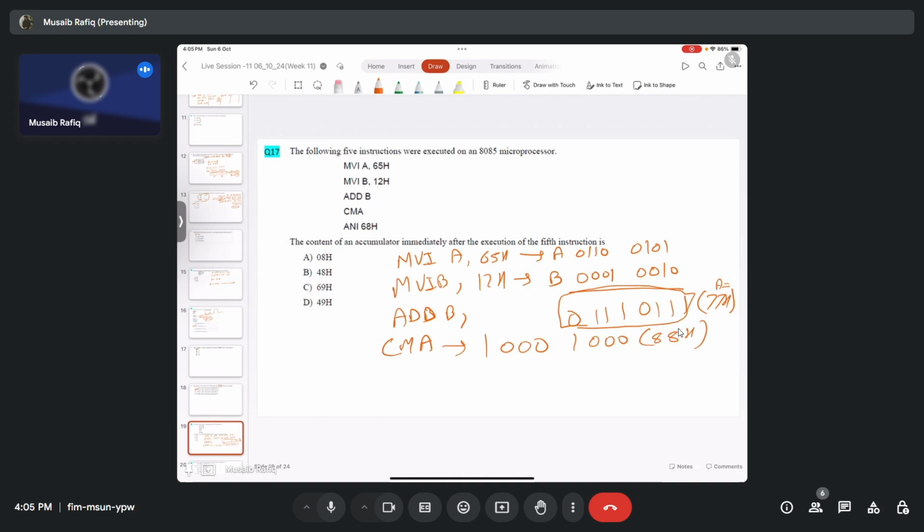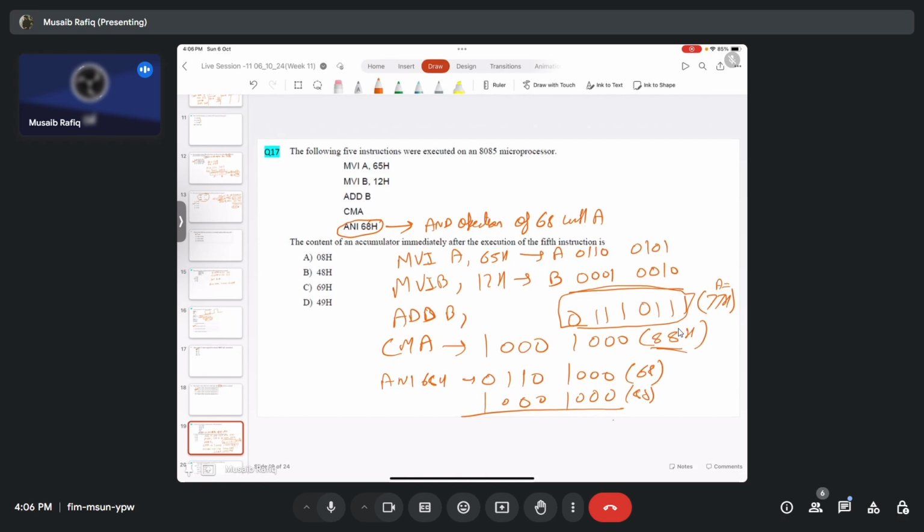Now ANI 68 hex. This is the AND operation of 68 with A. 68 is 0110 1000, and its AND operation I need to do with 88 hex, which is 1000 1000.